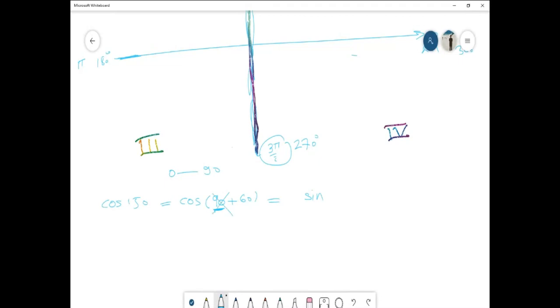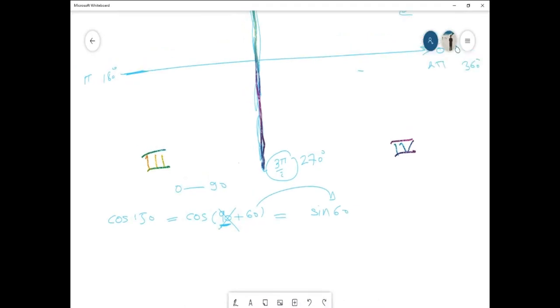Cosine will be converted to sine, and if it was sine, it will be converted to cosine. And tangent to cotangent, cotangent to tangent. So 90 changes the sign. Cosine will be sine. I will get rid of this, and I will write this one here.